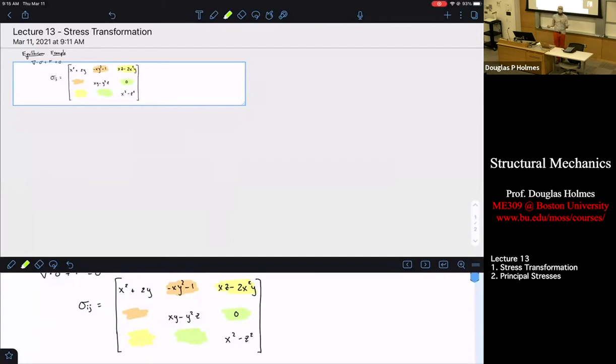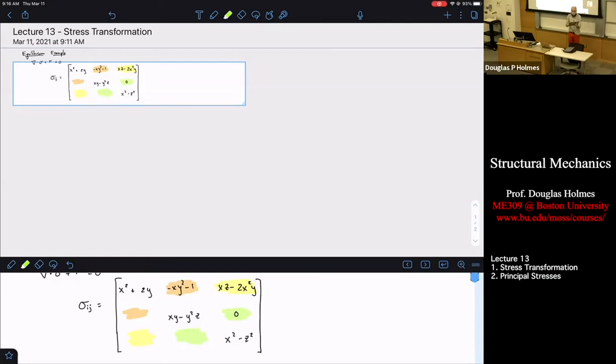So what on earth does this mean? I give you a stress tensor with a bunch of functions in it. Well, think about what we're saying. We're saying that stress can vary in the body, which means that if you pick a point and you're standing in some object, that object is being loaded in some way. You could ask the question, if I walk along the x direction, how does my stress change? If I walk along the y direction, how does it change? If I walk along z, how does that stress change?